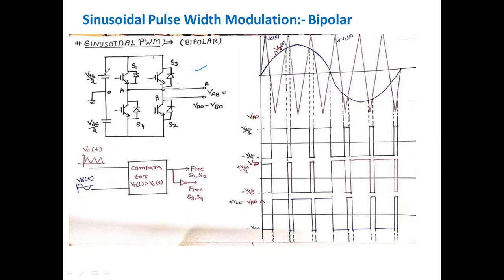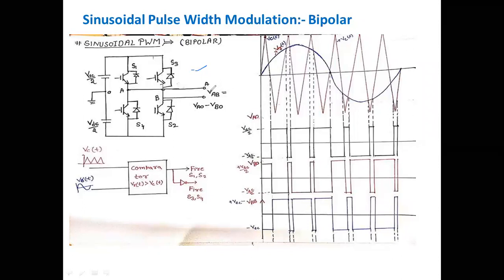So this is plus VDC by 2. This is also plus VDC by 2. And these are your four switches. We can use here thyristor, MOSFET, IGBT. As I told you in the previous class also, these are working as switches. So here you can use any high speed switching devices. Okay. So this is the basic circuit. You should not have any difficulty in this.